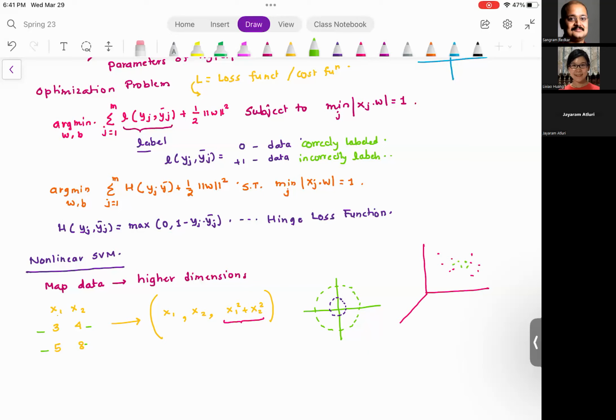And if you look from top, then you will observe that the green data set is concentrated in this small circle, and this red data set is concentrated in this larger circle. And this is a very important pattern when you are trying to understand the system.